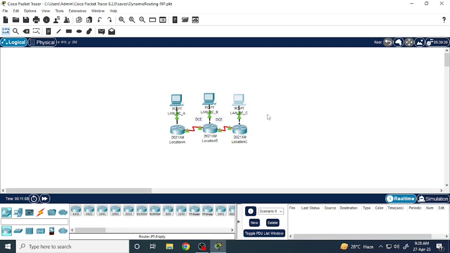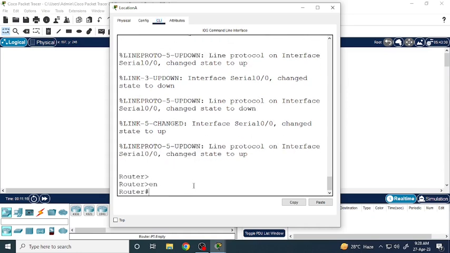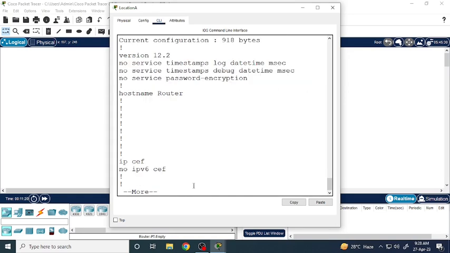So let's try to do some configurations. For example, let's jump to enable mode and see which configurations are there. These configurations are the base configuration that we did previously, so there is no change in them.